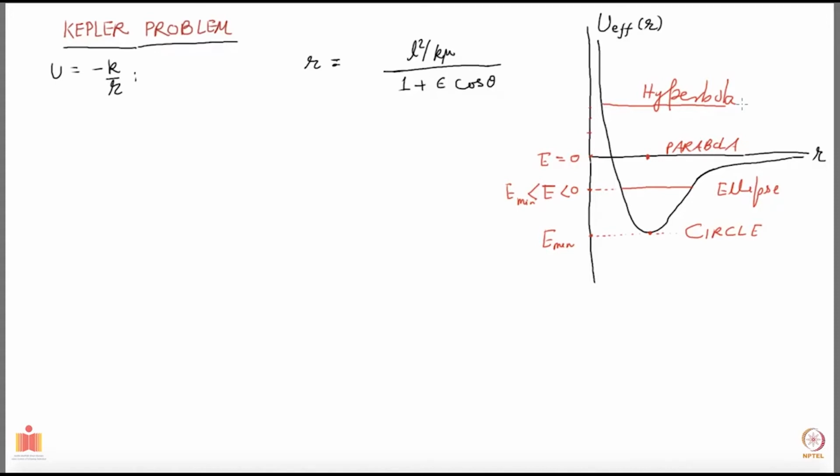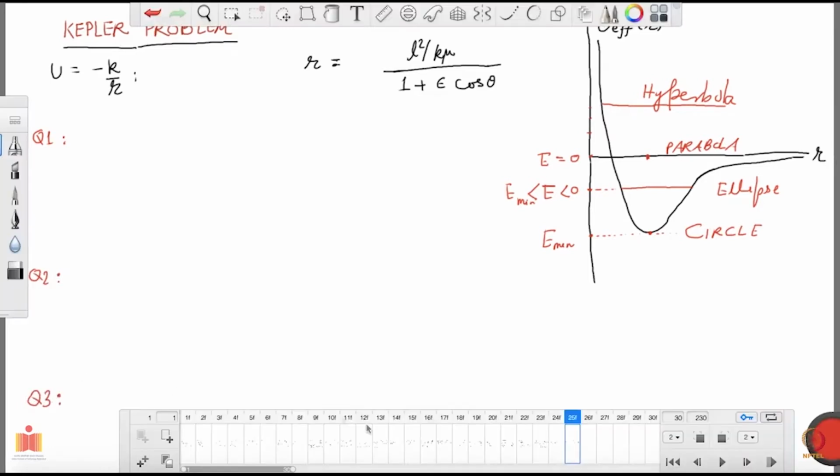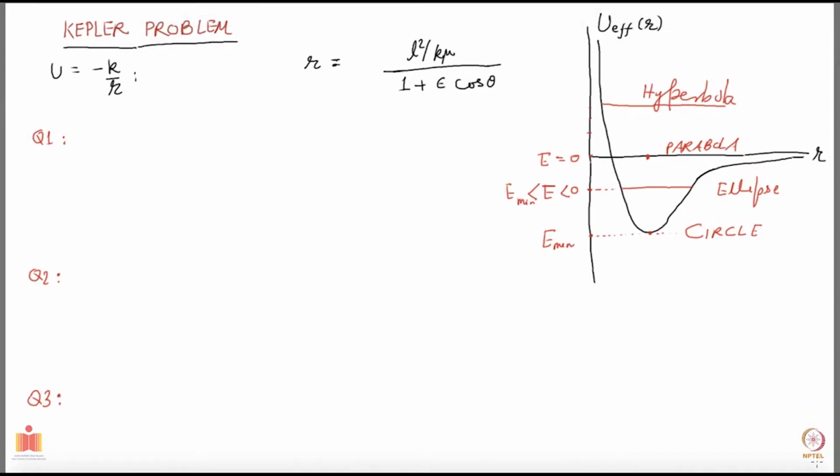Hopefully you have returned with a list of questions, and I will write down a small list which typically we can ask right now. Your first question could be: what is the smallest value of r that can be achieved?